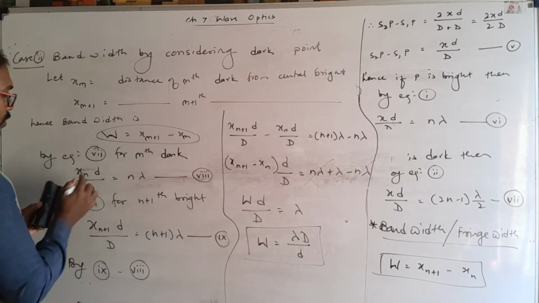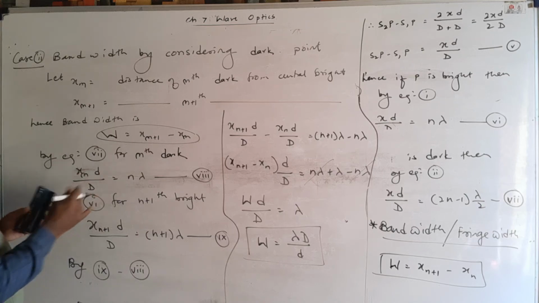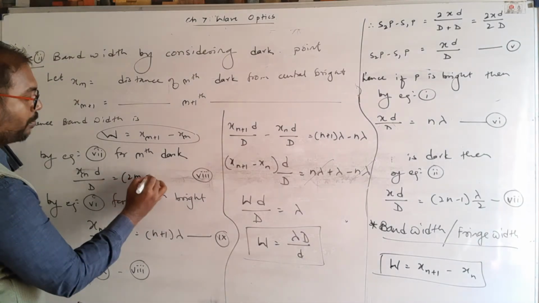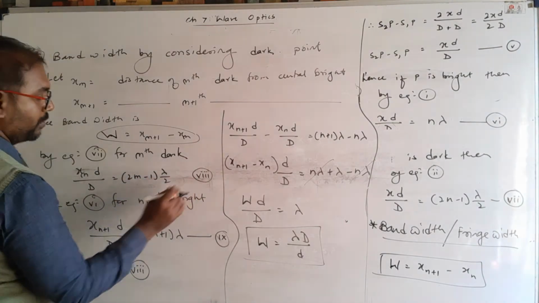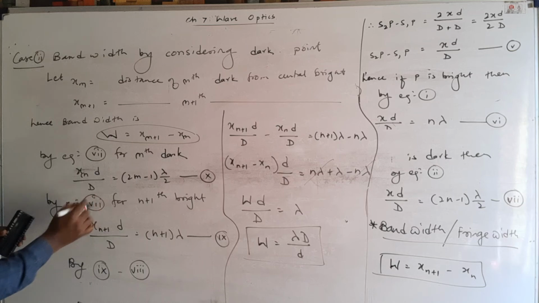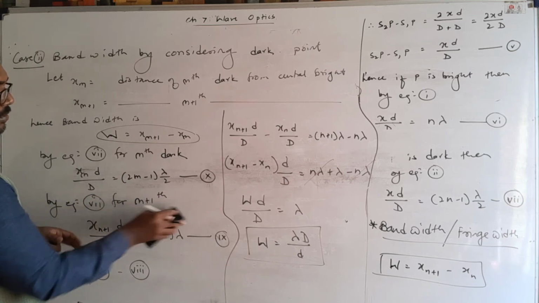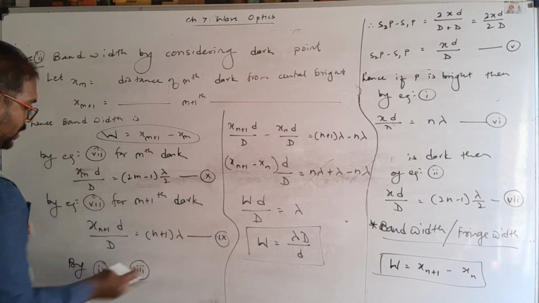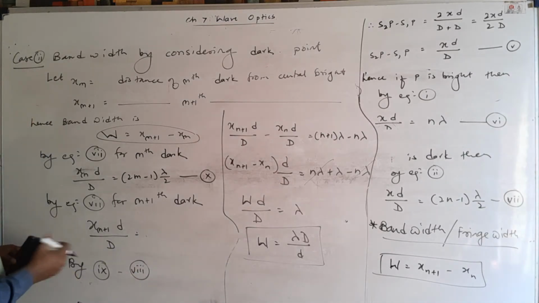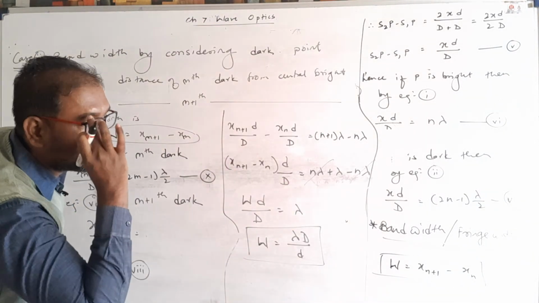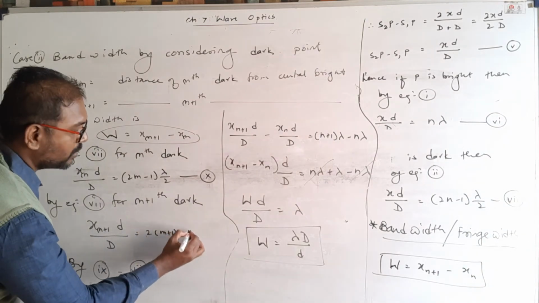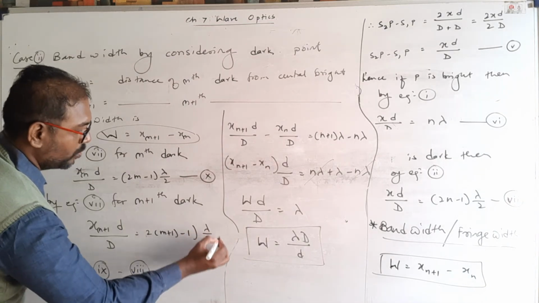So what do we get? xm d by D is equal to this side only: 2n minus 1, instead of that 2m minus 1 lambda by 2. Equation number 10. Now again by equation 7 for the m plus 1 dark point, xm plus 1 d by D is equal to, now instead of n we have to write m plus 1, 2 into m plus 1 minus 1 lambda by 2.